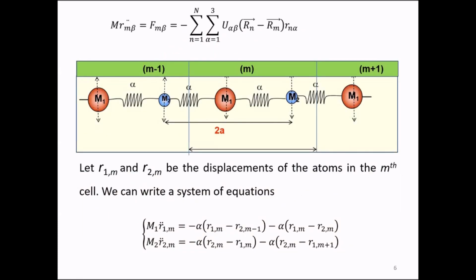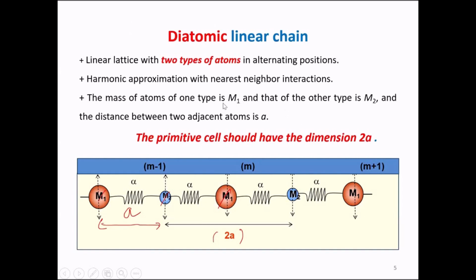Now you know the way to find the vibration property of the atoms because we have solved the problem in the previous hour already. But remember, we have the same approximation. What's the same approximation?